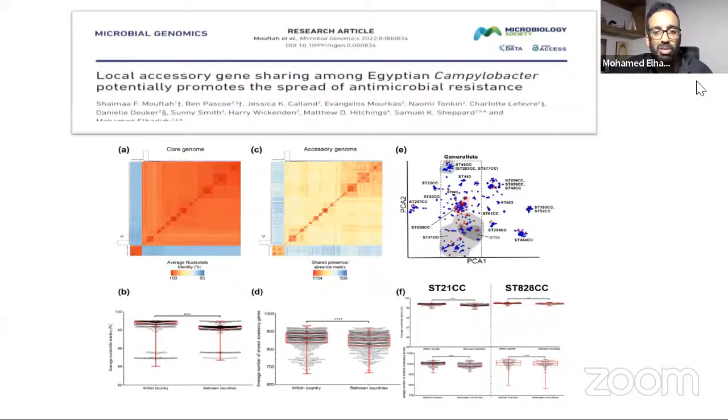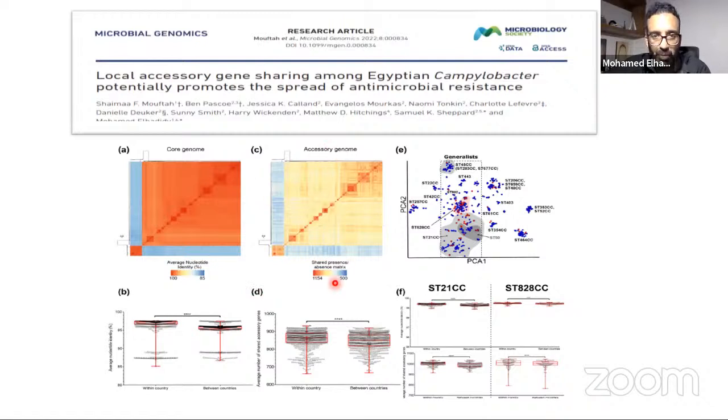this is an analysis comparing the accessory genes. This is a heat map for the accessory gene content of the Egyptian isolates as compared to the global ones. This is the core genome, again a comparison of average nucleotide identity. And this is the pairwise accessory genome comparison between the Egyptian isolates and the global ones.